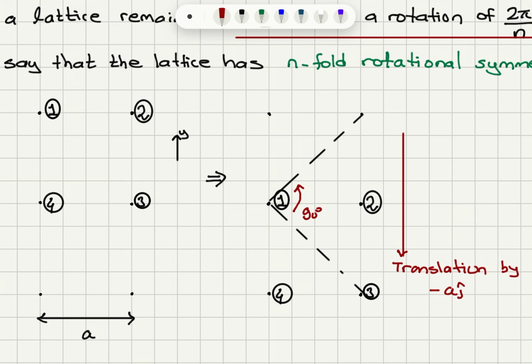And then I rotate the lattice by 90 degrees about an axis that goes through point 1, that is perpendicular to the plane of the lattice.